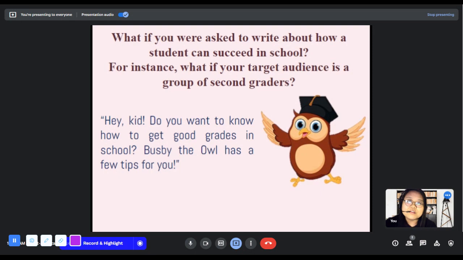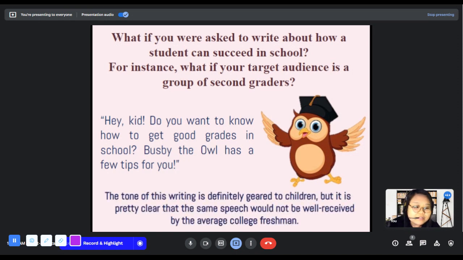Hey kid, do you want to know how to get good grades in school? Busby the Owl has a few tips for you. Because of the presence of creativity, Busby the Owl, the grade 2 students will get curious. How will Busby the Owl help us on succeeding in school?